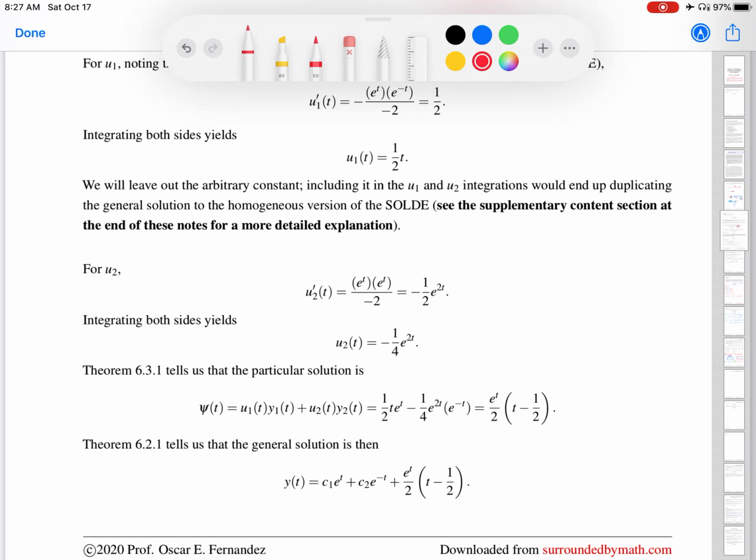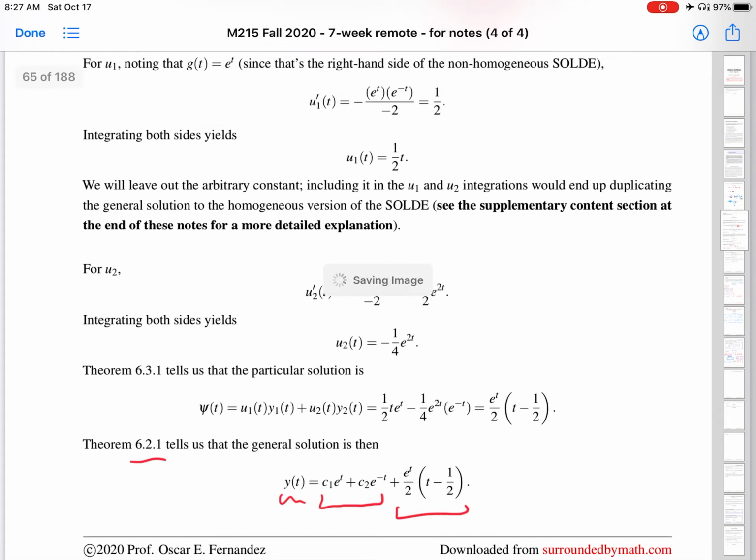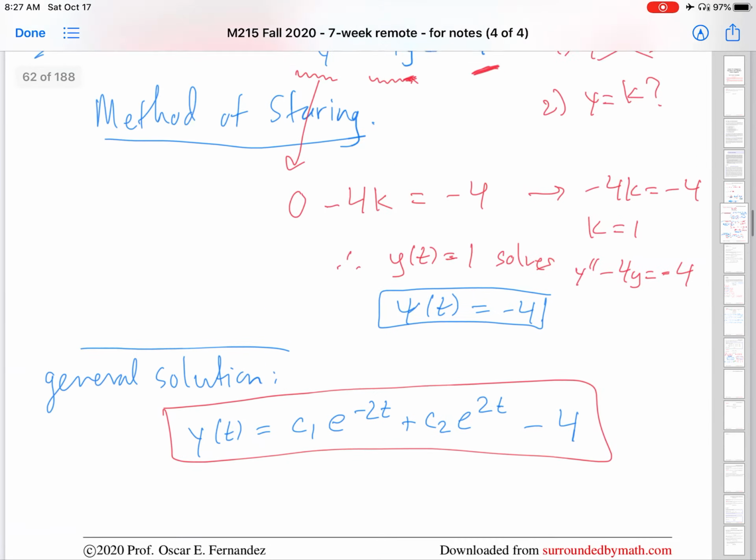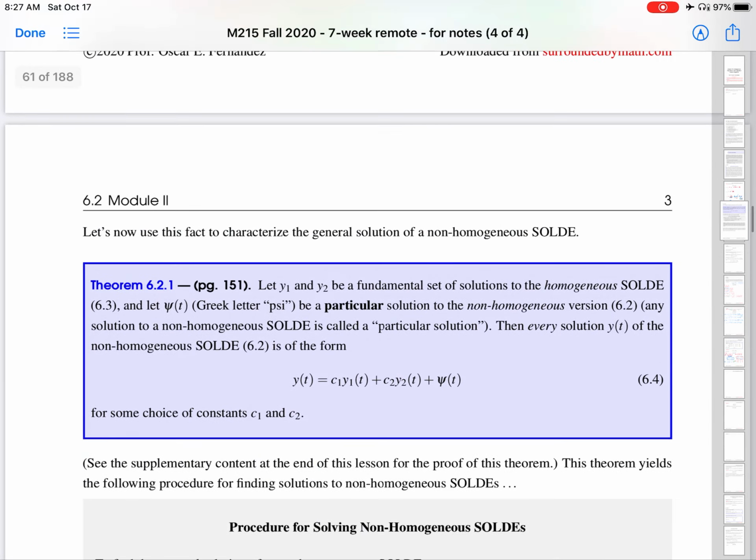Finally, Theorem 6.2.1, I'll remind you what that is in a minute, tells us that the general solution is the sum of the solution to the homogeneous problem, which is c1 y1 plus c2 y2, plus psi. All right, and then I'll just scroll up really quickly to remind you what that theorem says, which effectively is what I just said, but just so you see it, there it is, right?